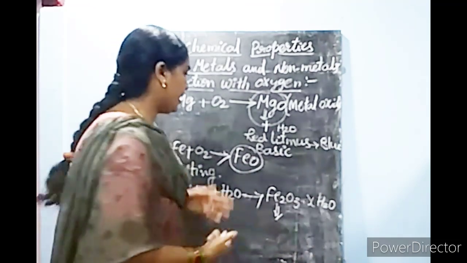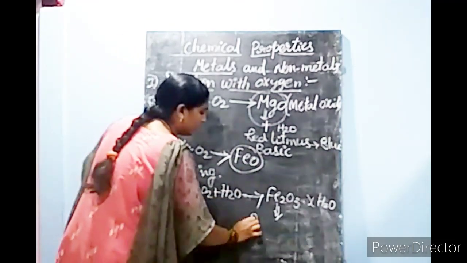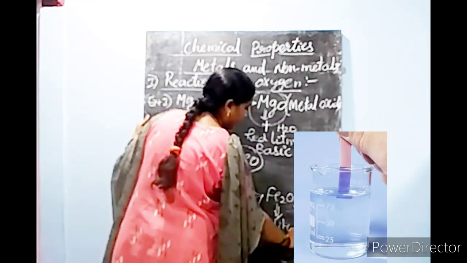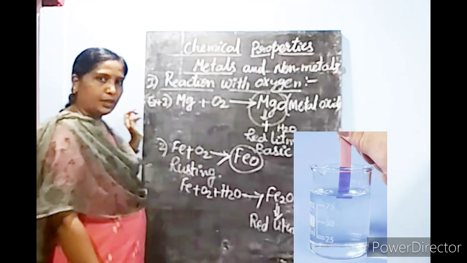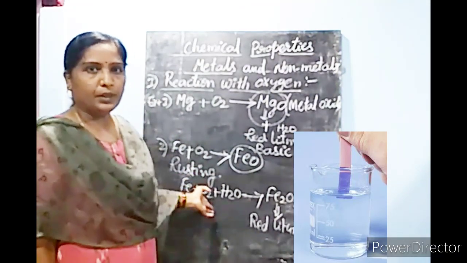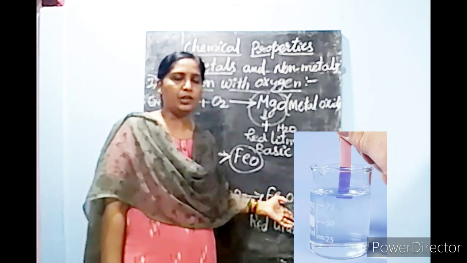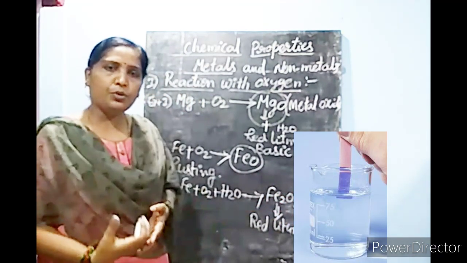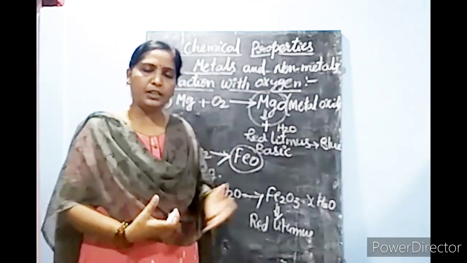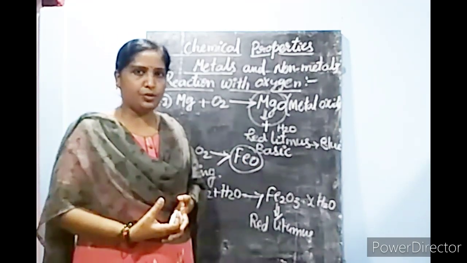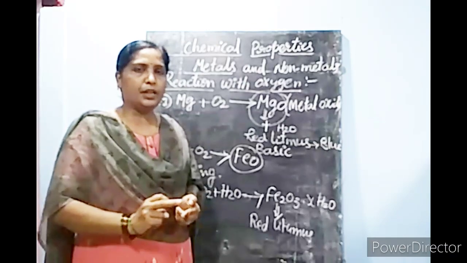So that you take and again test with red litmus and blue litmus papers. And this you can do at your home. If red litmus and blue litmus papers are not available at your home, you can even use natural indicators like hibiscus leaves or powder, applied on a white paper.